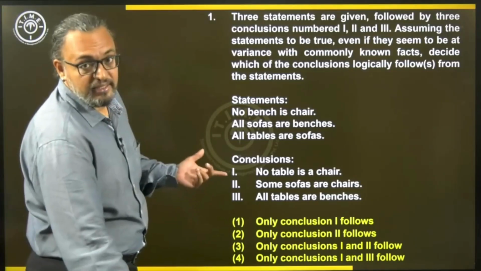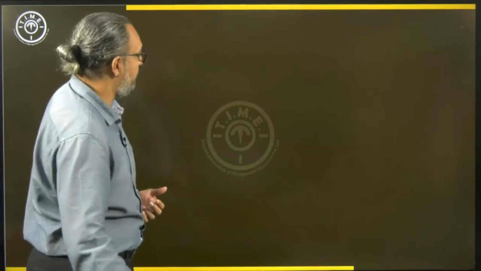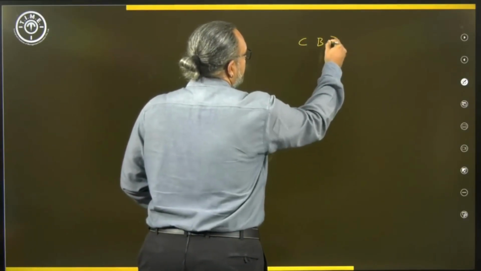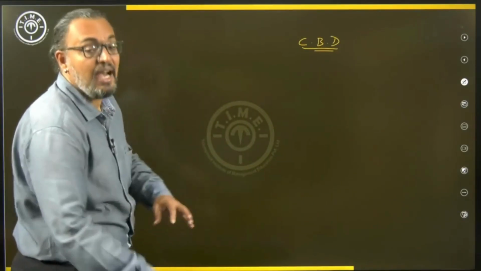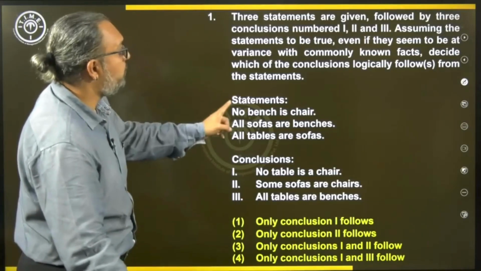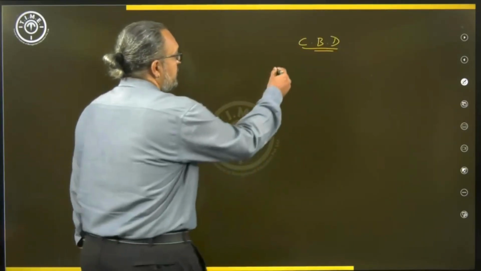So, let's take the statements first for drawing the combined basic diagram. We use the basic diagrams to represent the statements and it should be a combined diagram. So, the statements are no bench is a chair. So, no means 2 separate circles.